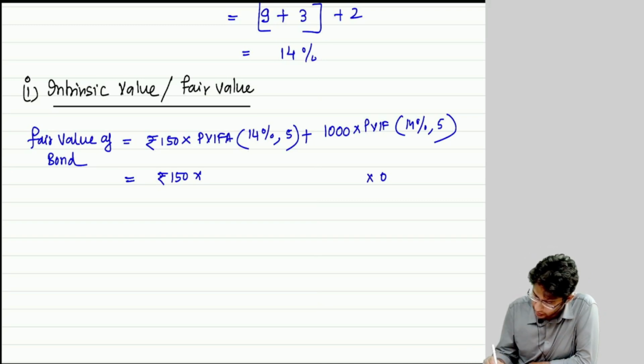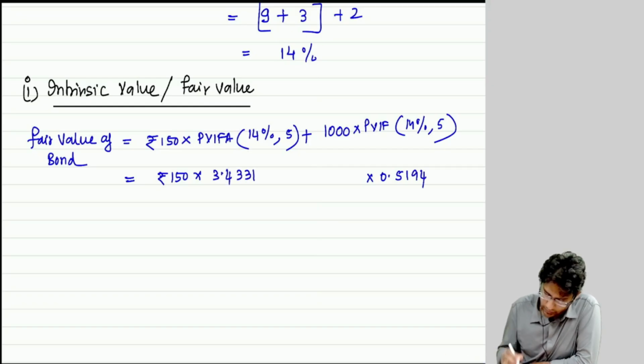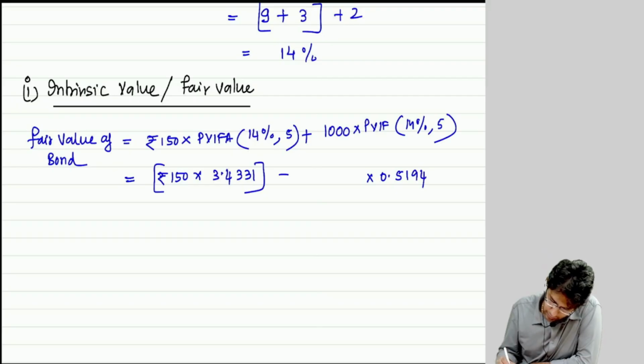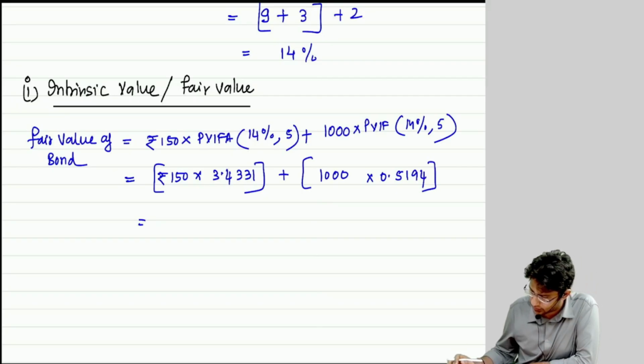First to fill up this one, easy. 0.5194. Correct. And 3.4331. Work out this: 150 into 3.4331 and 519.4.